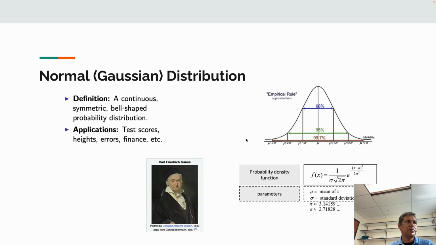Finally, we'll be talking about a very popular distribution for the continuous variable case, which is the normal or Gaussian distribution. The 18th century mathematician Friedrich Gauss is the inventor of this distribution, and there are a lot of natural data phenomena that follow this distribution, for example, our height or weight.